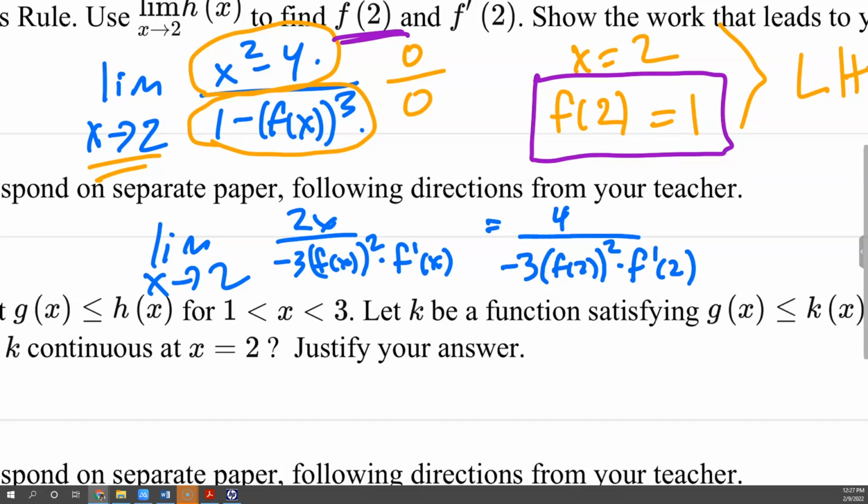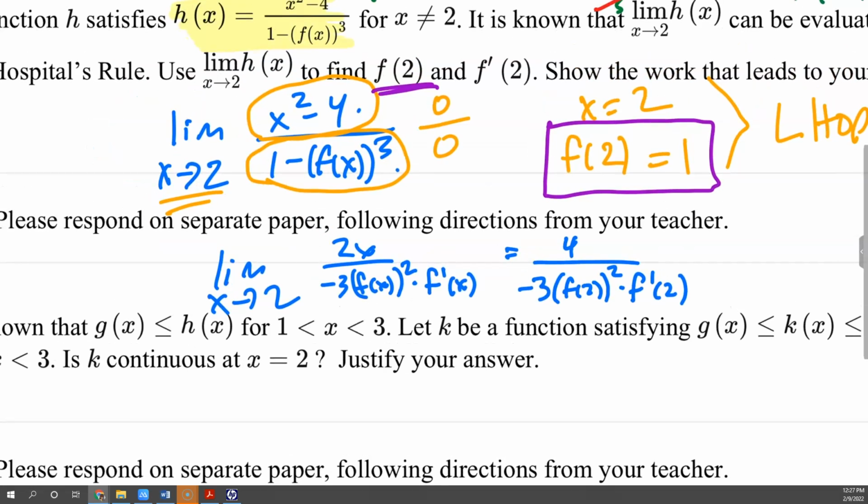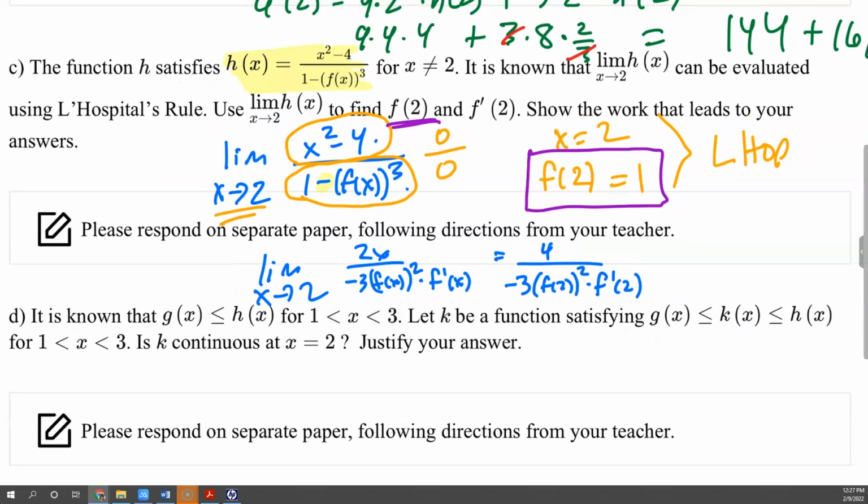Wait, why is it negative? Oh, it was negative from back here because that had a negative in front. Then we did a little chain rule. We already figured out f of 2. F of 2 was 1. Can I just not write this again? Okay, so 4 over negative 3 times f prime of 2.